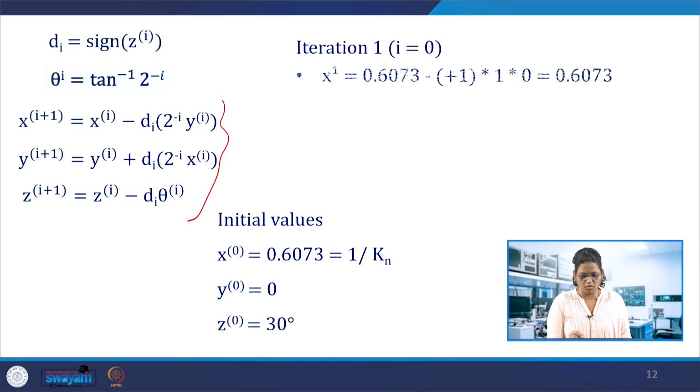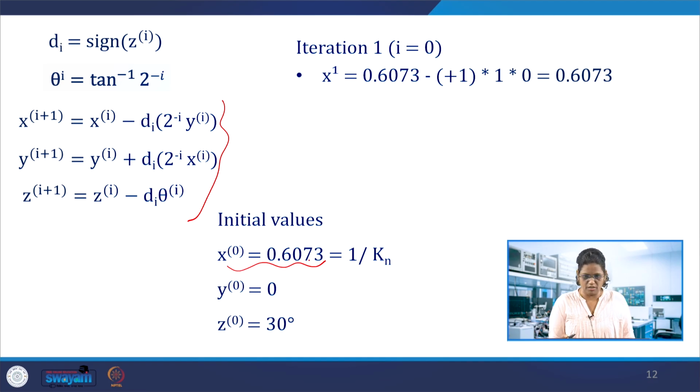In iteration 1, what happens here is i equal to 0, and x1, this is the first one. This x of 0 is assumed to be 0.6073. So 0.6073 comes from kn, where the number of iterations is n, and the cos theta terms have all been multiplied to get this value 0.6073.